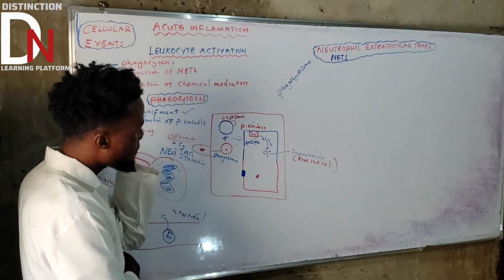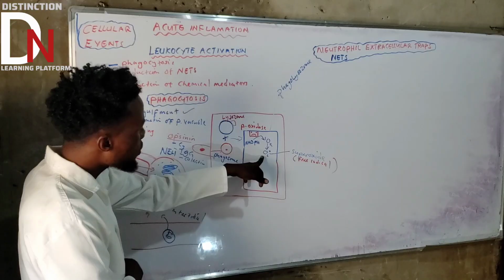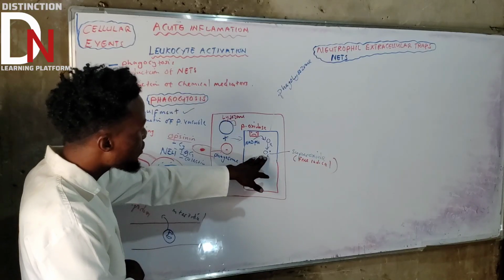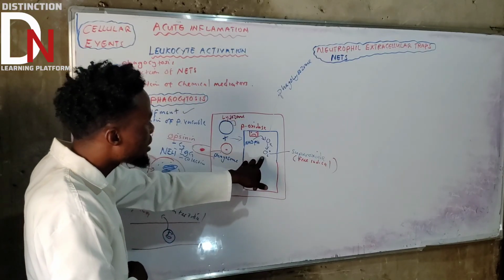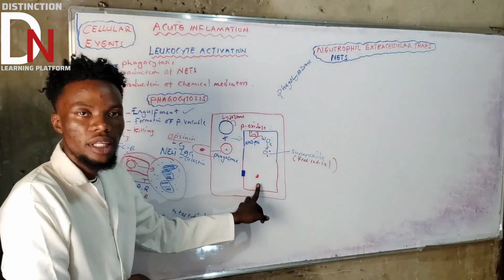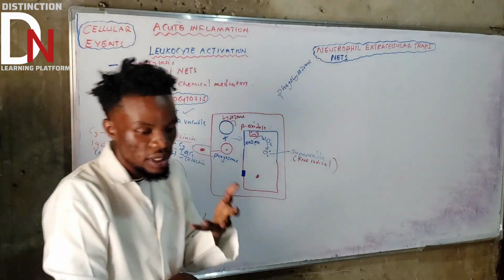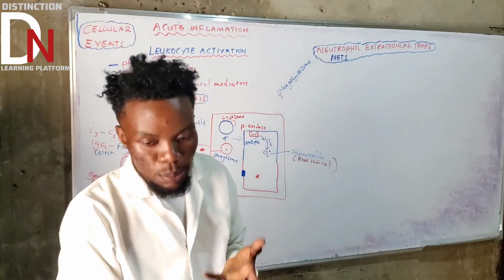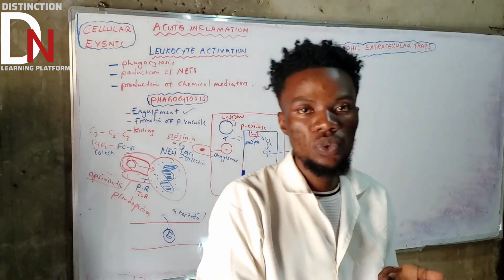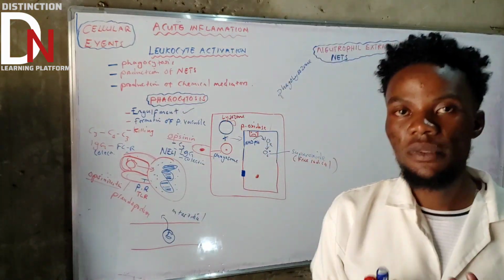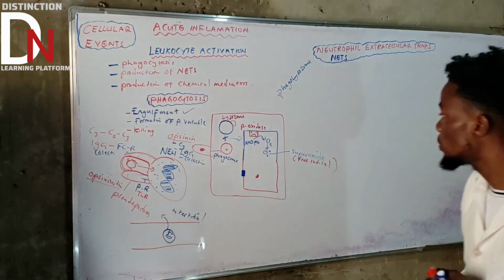Okay, what else is going to happen here? This superoxide now, although it's a free radical, is not sufficient to kill this bacteria which is waiting there. So this neutrophil is so clever that, since this is not so powerful, it's going to convert it into something more powerful that we can use to kill a bacteria.